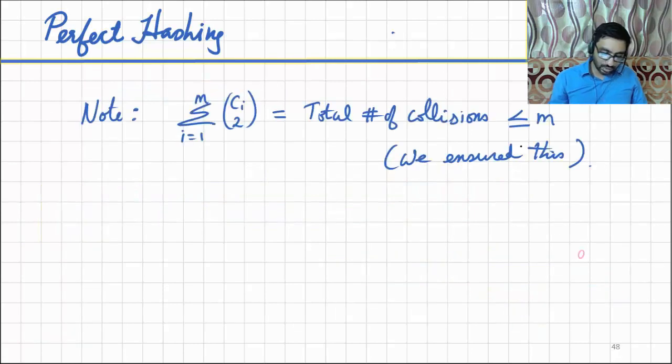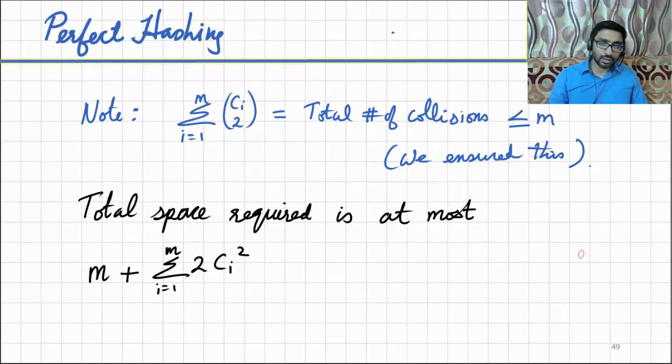And as I just mentioned, if you count the total number of collisions, basically summation i equal to 1 to m of ci choose 2, that's the total number of collisions, and that's at most m. We ensured this.